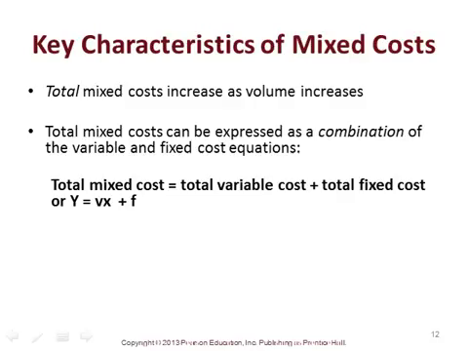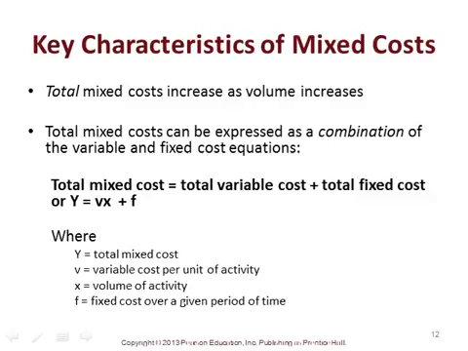Total mixed cost equals total variable cost plus total fixed cost, or y equals vx plus f, right? Where y equals the total mixed cost, v and x are the variable cost per unit times the volume activity, and f is the fixed cost over a period of time.